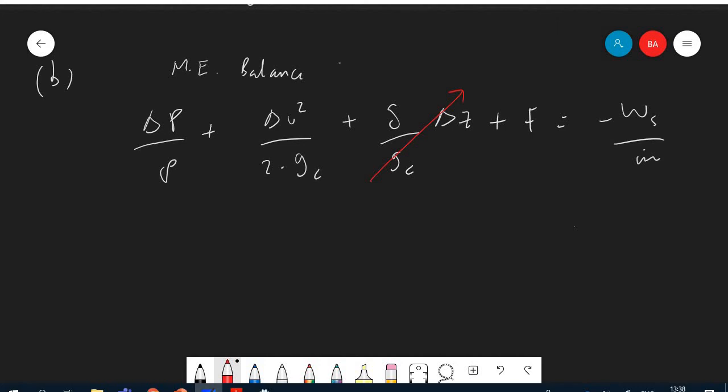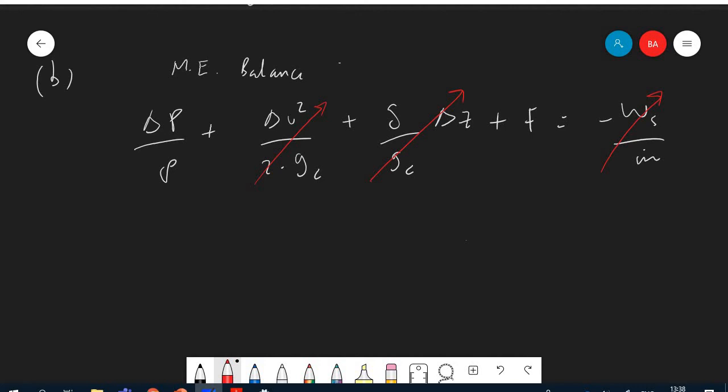I have no shaft work, so that is equal to 0. I have a friction factor here that I need to calculate. What about the u? I would consider the same velocity getting in and getting out, entering and exiting with a certain speed.